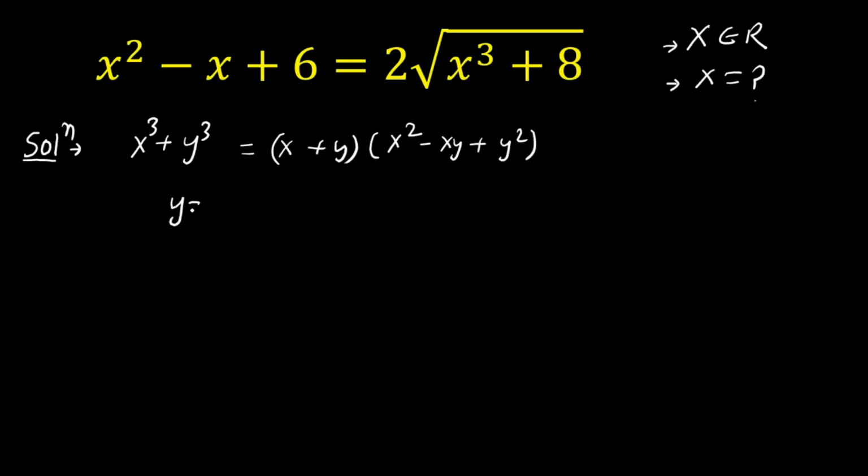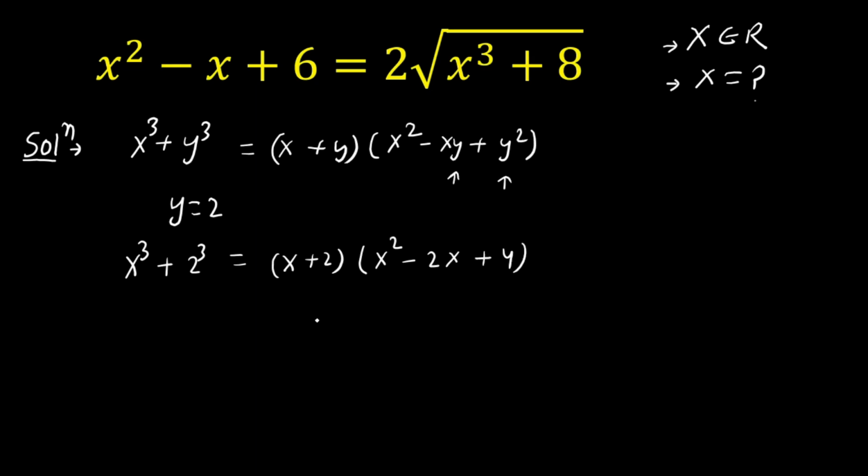If we substitute y = 2, then x³ + 2³ = (x + 2)(x² − 2x + 4), where 2³ is the same as 8. So x³ + 8 = (x + 2)(x² − 2x + 4).